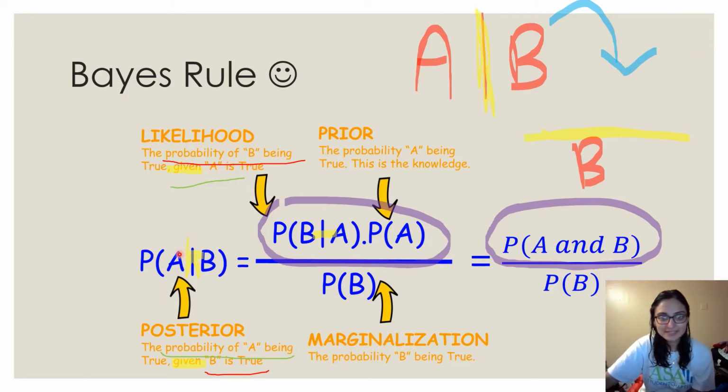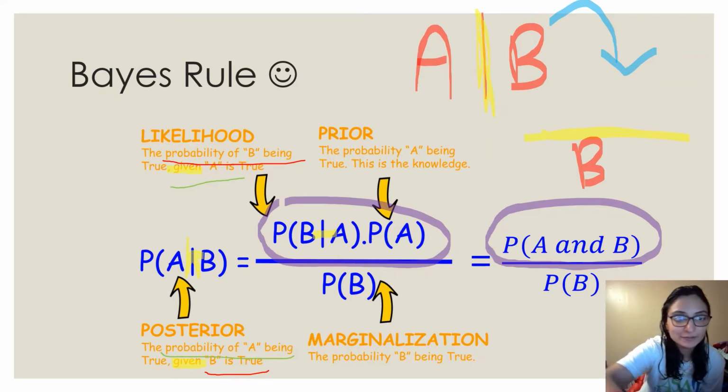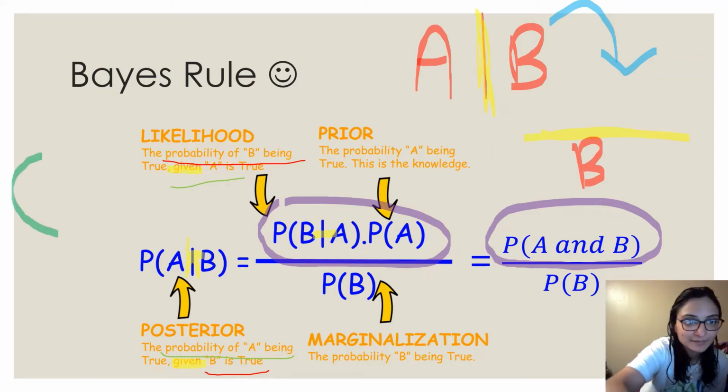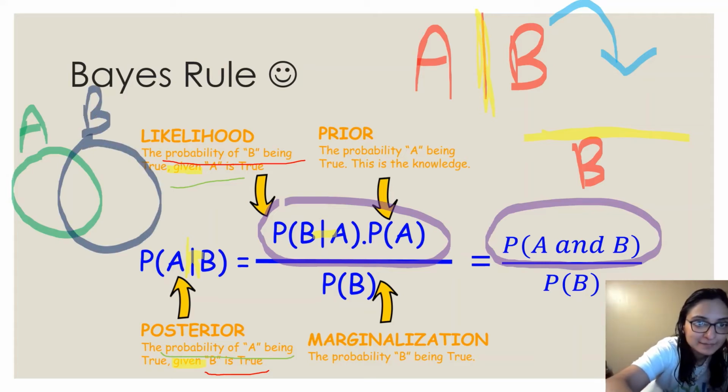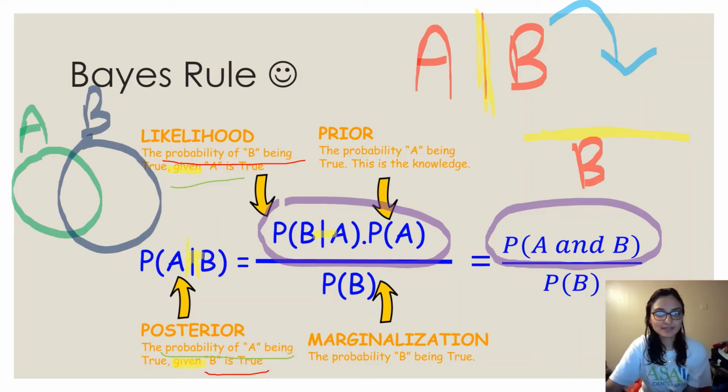So this is just the same thing as the probability of A and B divided by the probability of B. So when B happens, what's the probability that A will happen? If you have two different outcomes here, if this is A and this part here is B, what this is saying is given that B has occurred.